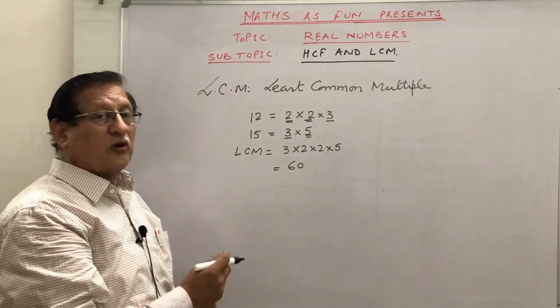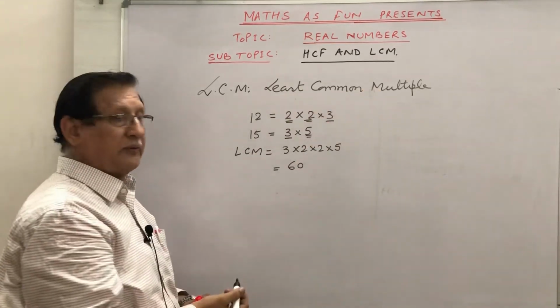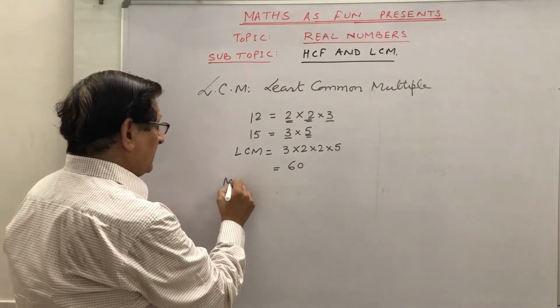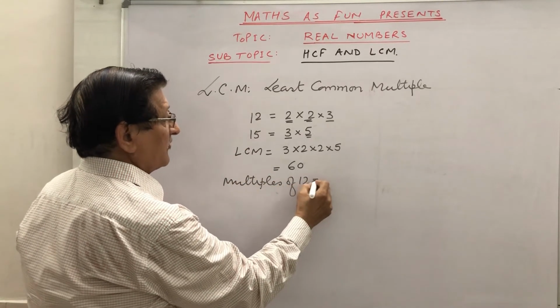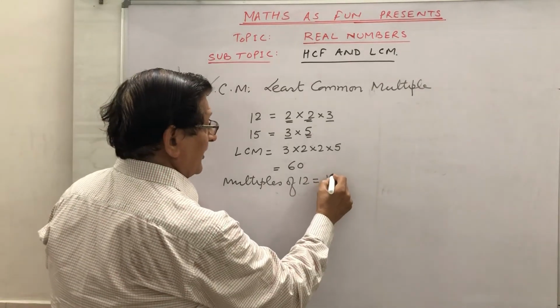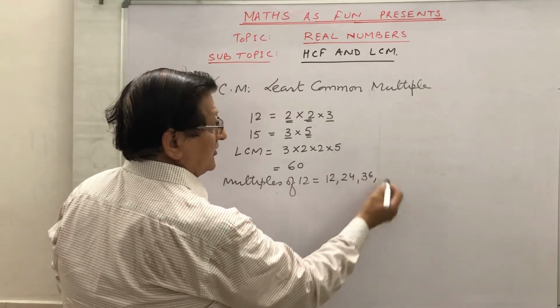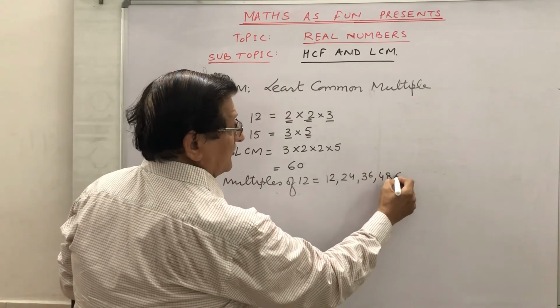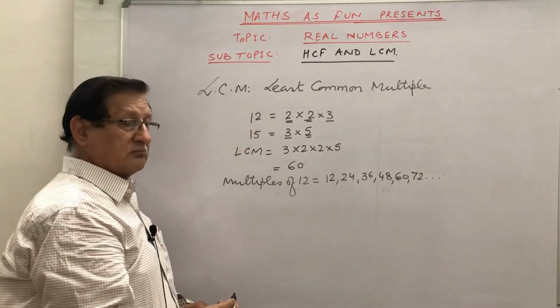Now I will explain what was the meaning of LCM. As I told you, least common multiple. See, when we go for multiples of 12, that is 12 into 2 is 24, 12 into 3 is 36, 12 into 4 is 48, 12 into 5 is 60, 12 into 6 is 72 and so on.